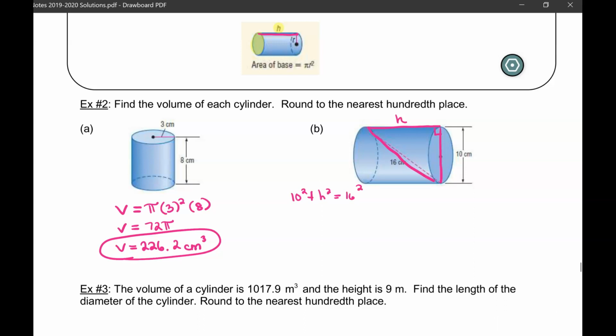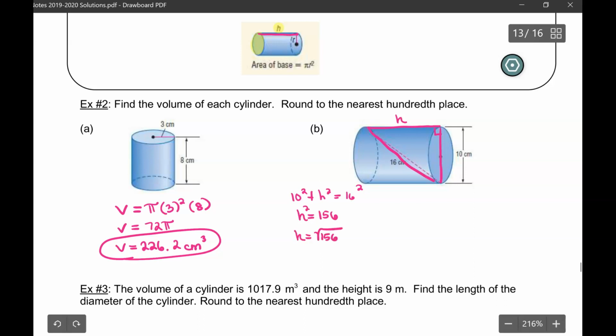So I'll take 16 squared minus 100, so h squared is 156. So I'll just leave it at square root of 156 for the height. And then for the volume, we're going to do pi. All the way across was 10, so that makes the radius 5. So 5 squared times the square root of 156.